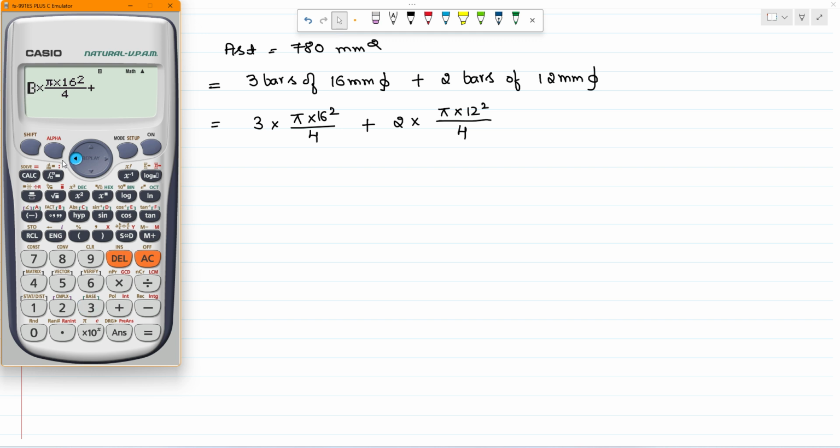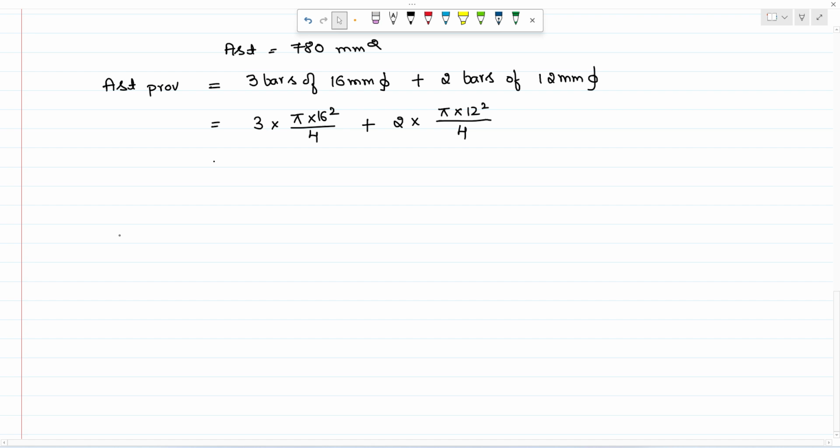So 3 into pi into 16 square divided by 4, next 2 into pi into 12 square divided by 4. So it will be 829. So nearly it is equal to 830 mm square.